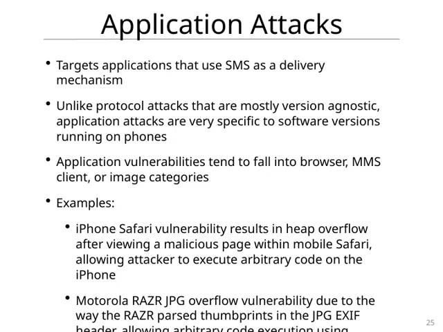Another example is with the Motorola RAZR. There's a JPG overflow vulnerability caused by how the device parsed thumbprints in the JPG EXIF header. This vulnerability allows an attacker to execute arbitrary code simply by tricking the device into opening a malicious JPG image.